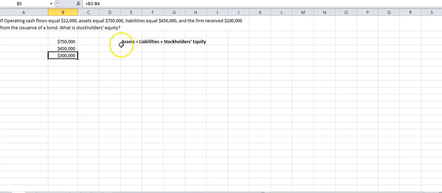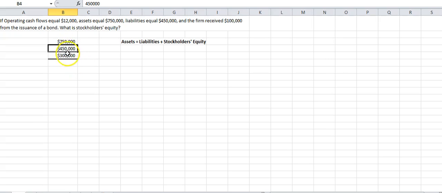Remember, assets is everything that the company has, and liabilities and stockholders' equity are how they are financed, who owns a portion of each. So of all my assets, of the $750,000 in assets that I have, 300,000 is all paid for by me, and 450,000 I owe to other individuals outside the company.